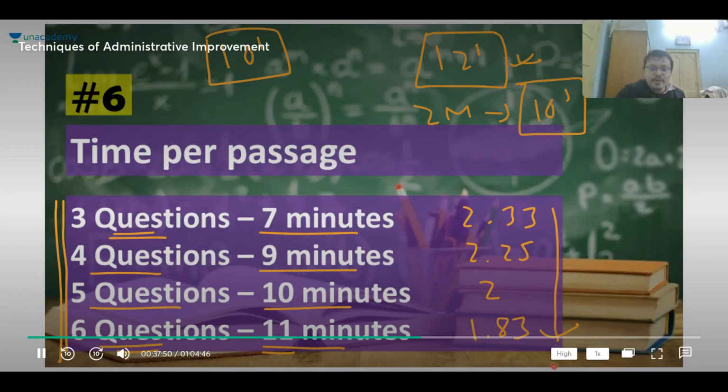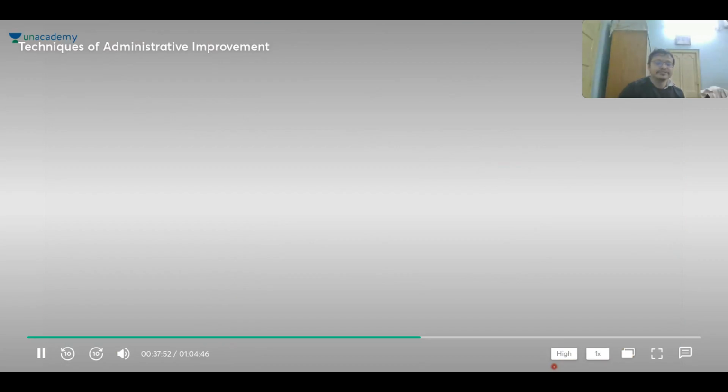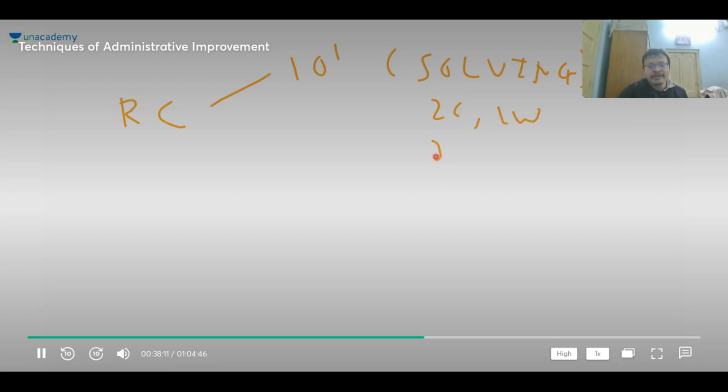The other thing that is important in RC passages is this. When you're taking 10 minutes, 10 minutes is only for solving and marking answers. But your job doesn't end there. And this is where a lot of people make a mistake. All that they're focused on is whether they got 2 correct, 2 wrong, or whether they got 3 correct, 1 wrong, and so on, which is not supposed to be the primary focus.